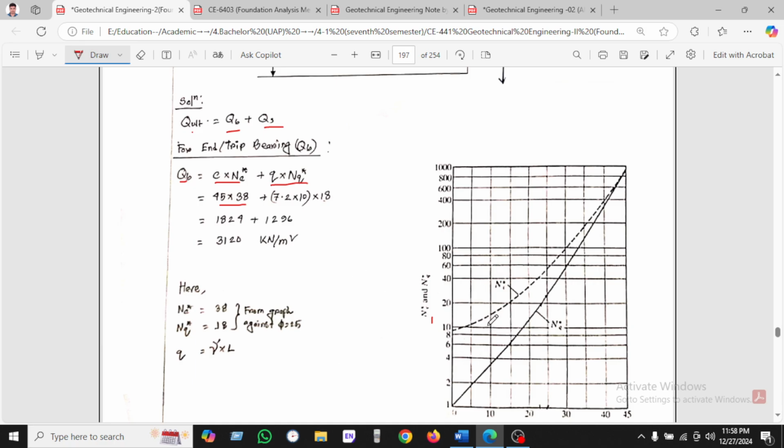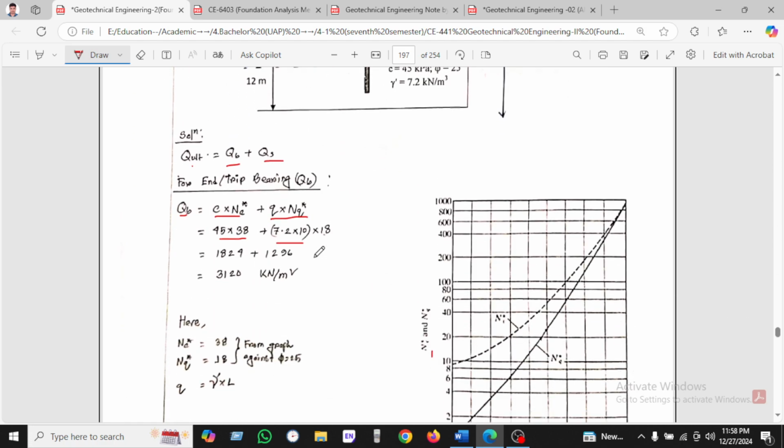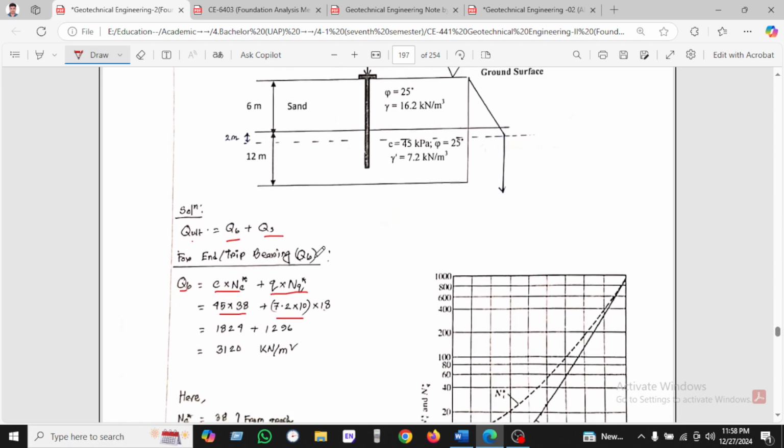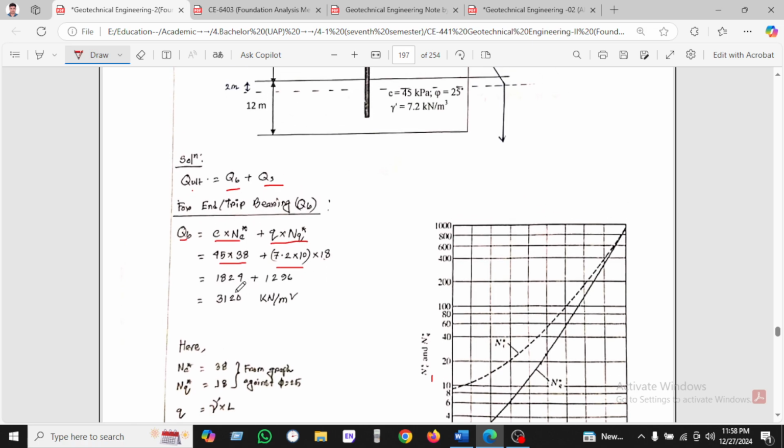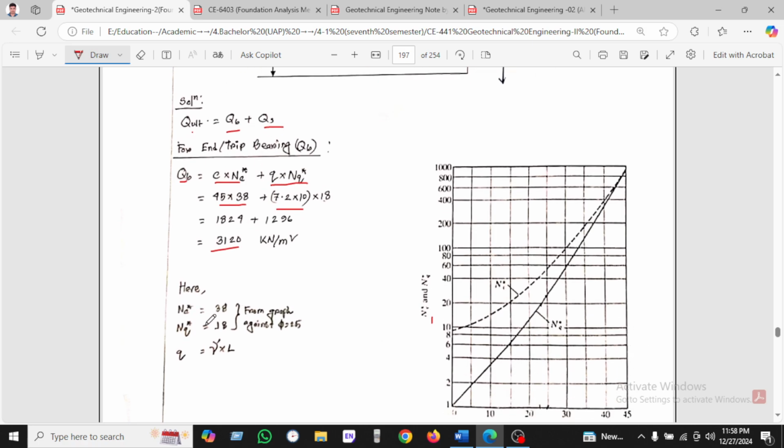We are taking from this curve, and NQ star is taken from this curve with respect to theta. Found 3120. Here is the NC star 38 and NQ is 18, taken from this graph.